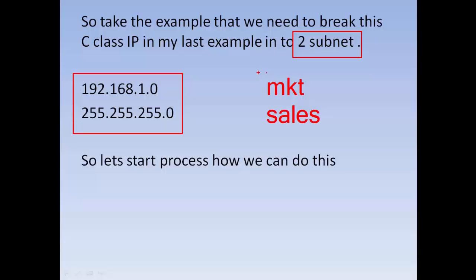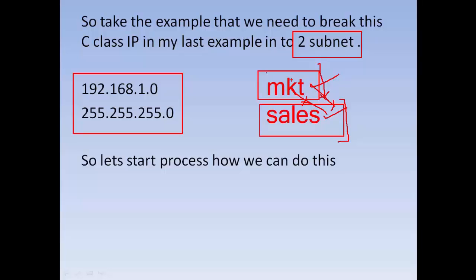Any broadcast packet generated in the marketing department will not impact the sales department, and any generated in the sales department will not impact the marketing department. So one broadcast domain will be this and one broadcast domain will be this. It will not interfere here and this one will not interfere there. So naturally it will reduce the broadcast size.